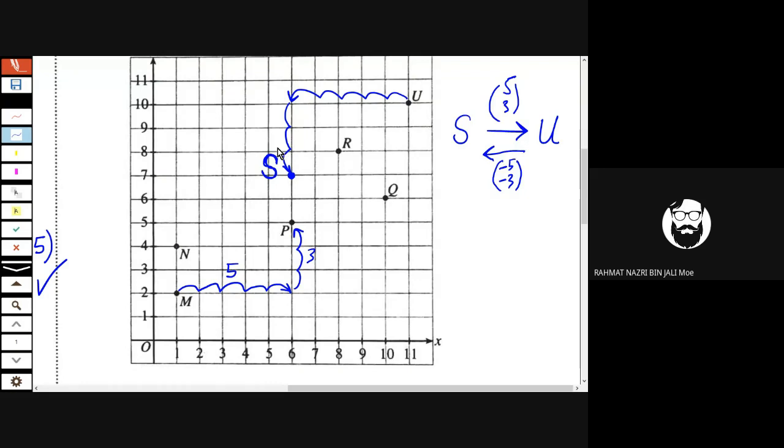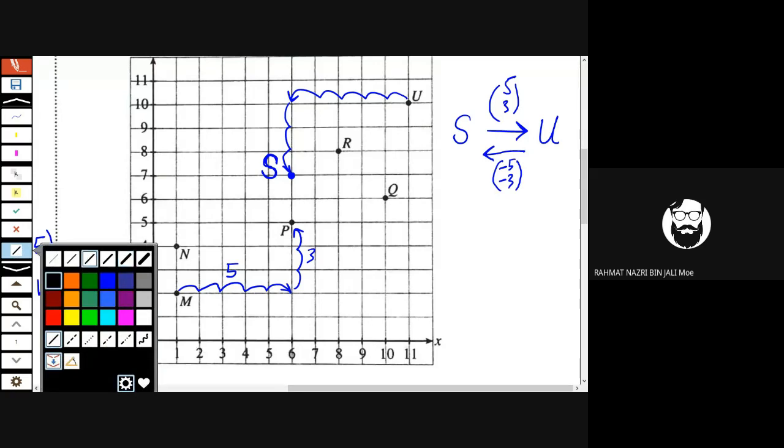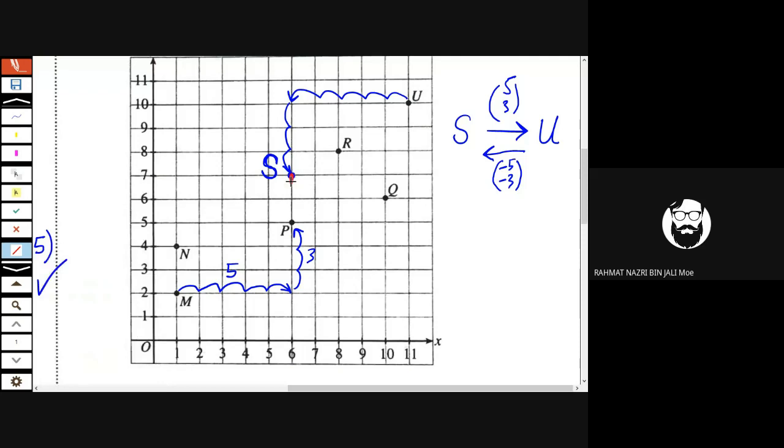Kemudian soalan suruh lukis. Jadi kita lukislah complete diagram. Ambil warna merah lah. Dilukis quadrilateral PQRS with your pencil. Ruler.